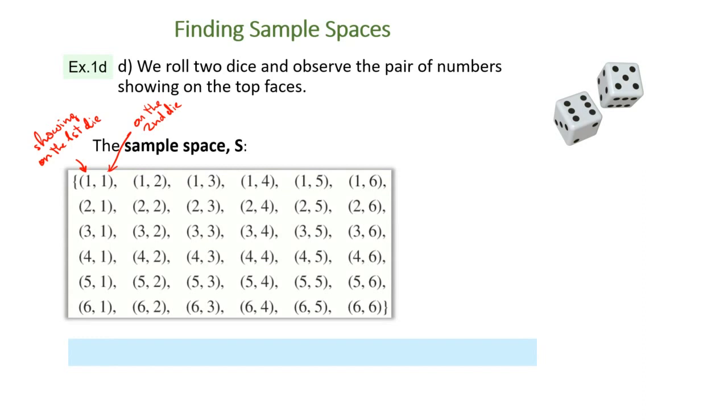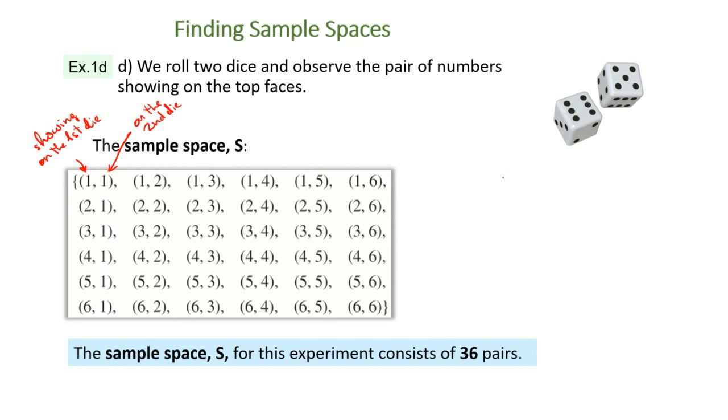The first die can show 1, 2, 3, 4, 5, 6. The second die can show 1, 2, 3, 4, 5, 6. When we move down from the first line to the last line, we change the number on the first die. When we move to the right, we change the number on the second die. Altogether, we have 36 outcomes, 36 ordered pairs in this experiment. So this is the sample space.